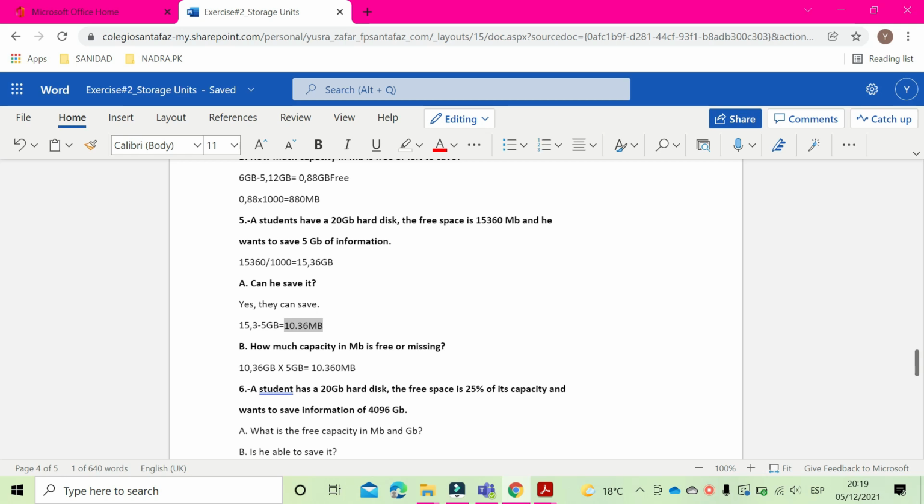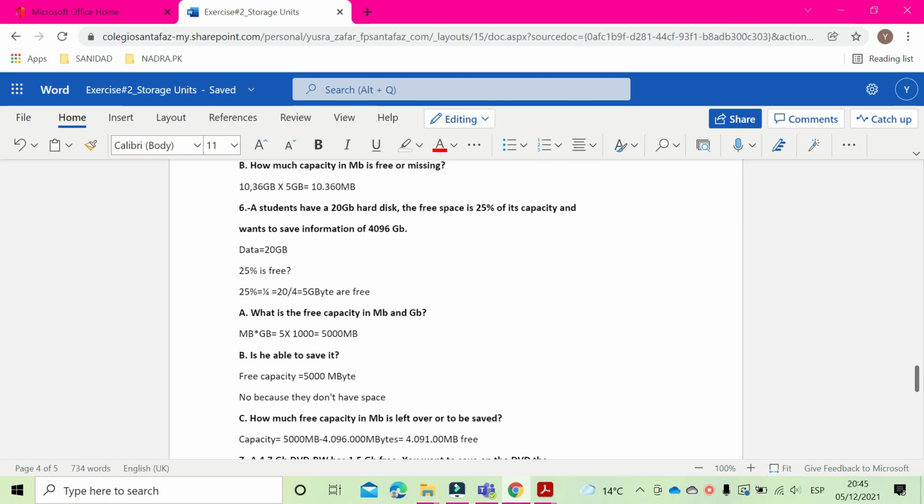The left capacity is 10,360 megabytes, by multiplying 10.36 GB by 1000. This is the space left after saving the information, equal to 10,360 MB.